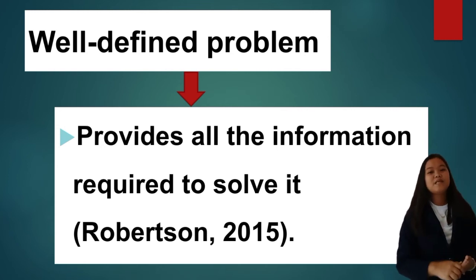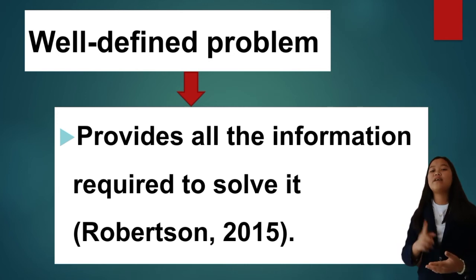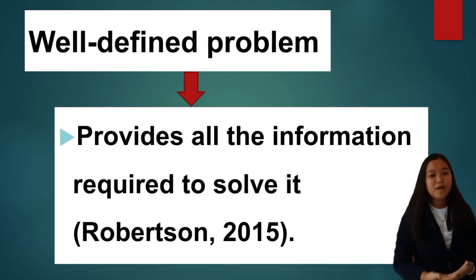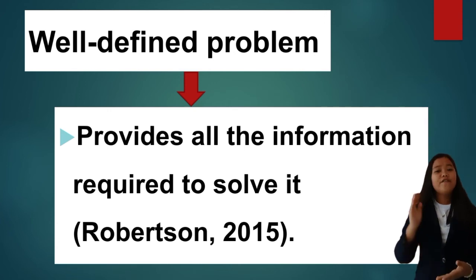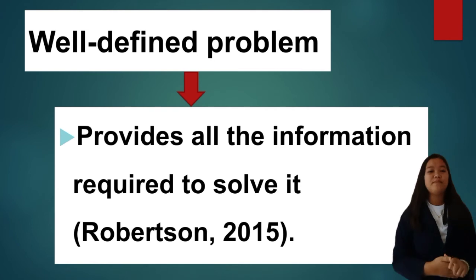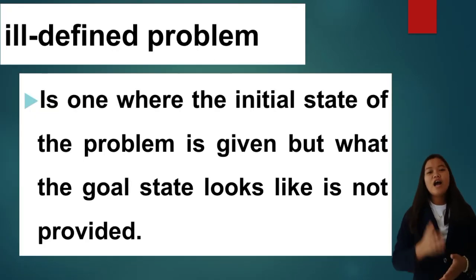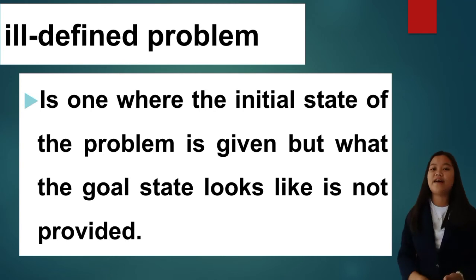In a routine problem, the problem solver knows a solution method and only needs to carry it out, while in a non-routine problem, the problem solver does not initially know a method for solving the problem. The second one is the ill-defined problems. The given state, goal state, and operations are not clearly specified.